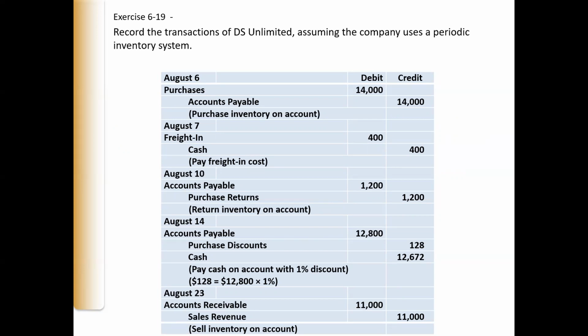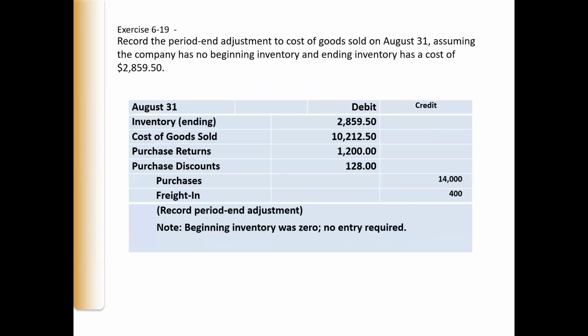Then when we sell products, we don't handle the cost of goods side. We just do the sale portion, our accounts receivable and our sales revenue. Now, how do we do the adjustment? We know our ending inventory, okay?